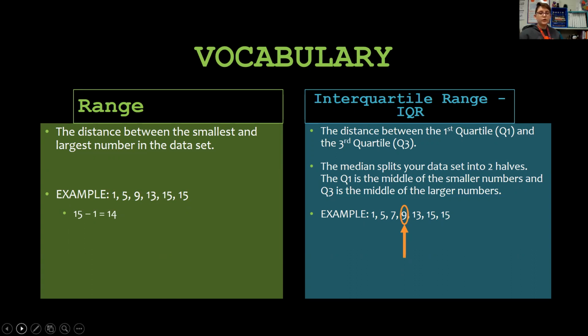And so our Q1 is the middle of the smaller numbers, and our Q1 is 5. And our Q3 is the middle of the larger numbers, which is the first 15. So to find the IQR, we take Q3, subtract Q1. So 15 minus 5 gives us 10.